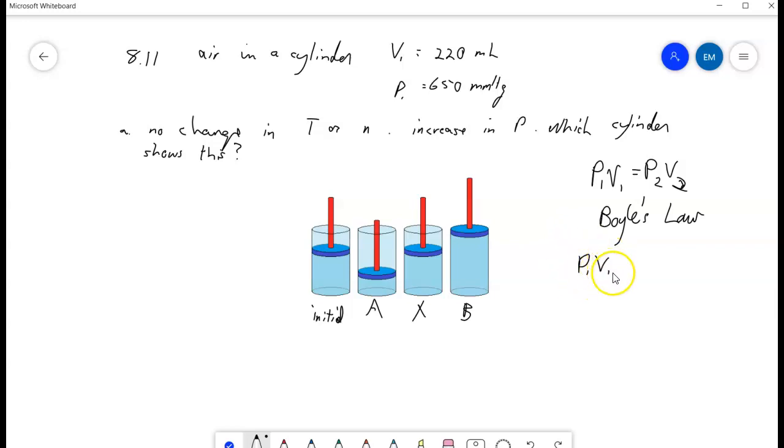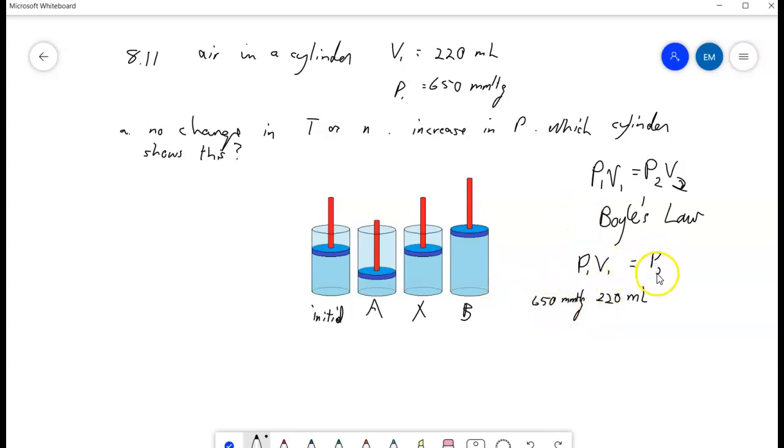P1 V1, that's your initial: 220 milliliters, and 650 millimeters Hg. So we've got that down there.